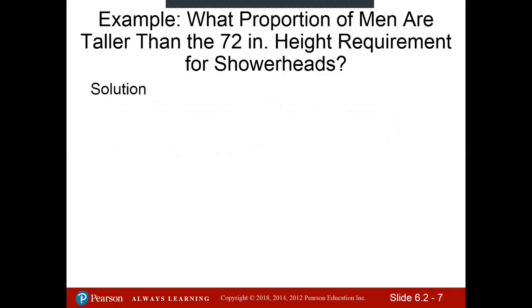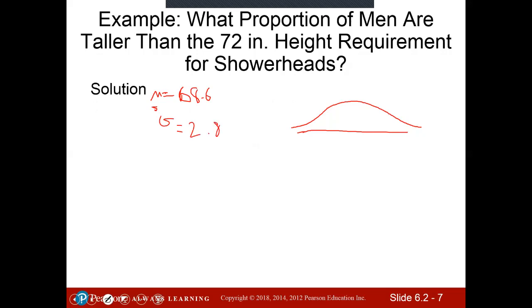So how do we do this? Here is the solution. First, I need to draw the curve. That's my horizontal line, and that's my density curve. According to this, the mean is 68.6 and sigma is 2.8 inches.